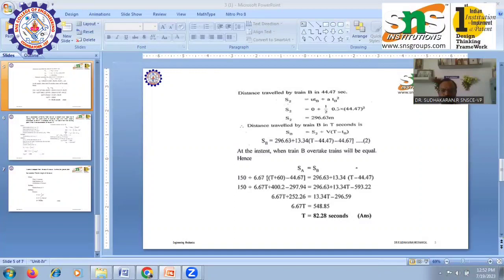Now the distance traveled by train B in this total t seconds is equal to 296.63 plus 13.34 into t minus 40, because train B has started 40 seconds later than train A, so t minus 44.47 minus the time taken by train B. From this, by solving, we get the time as 82.28 seconds.